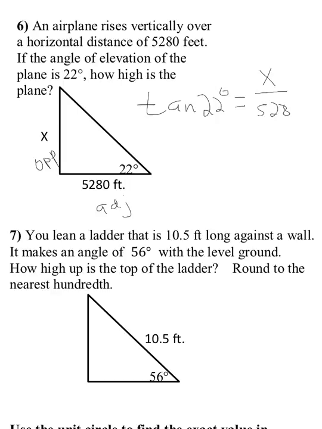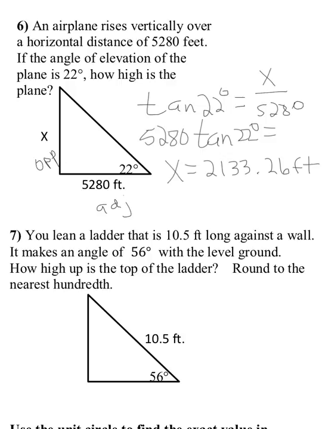5280. All right, so to solve for x, all we have to do is cross multiply. So we're going to multiply tangent of 22 degrees by 5,280. When you put this 22 degrees in your calculator, make sure that you put in the little degree symbol.